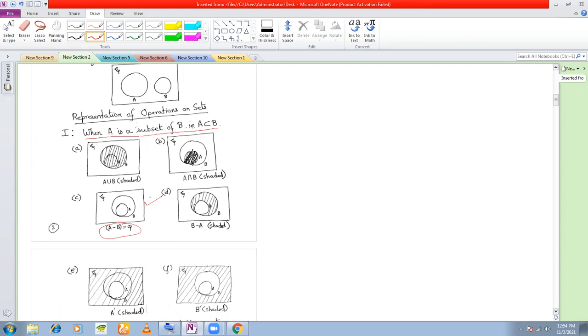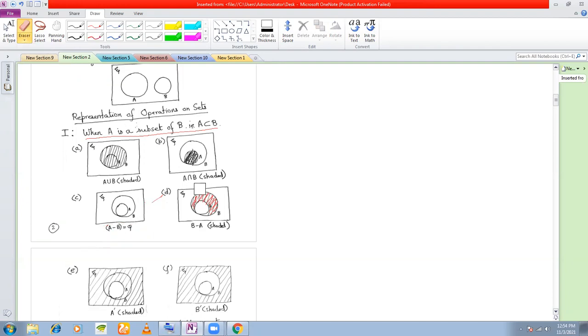Okay. B minus A. Now, if I want to draw B minus A, that means I only want the elements of B and not of A. So what I do is I only shade this part and not the elements of the set A, because B minus A represents only the elements of B and not of A. Clear?